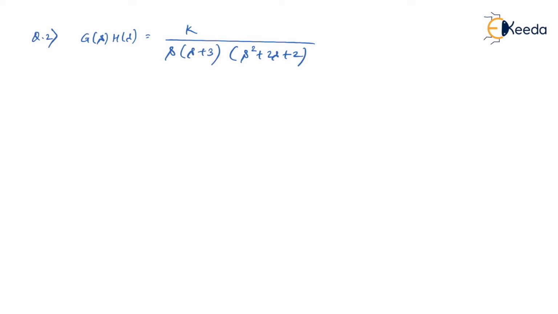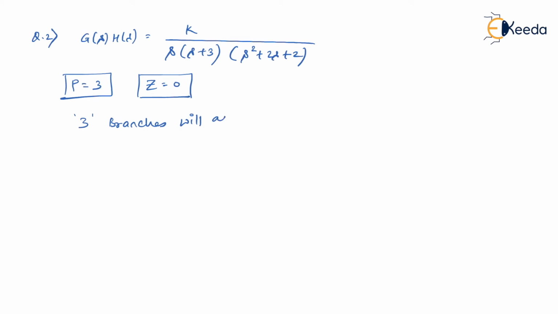Look at this problem. Count the number of poles, number of zeros. Once again, if you see, there are 3 poles, but there are no zeros. Again, P minus Z branches will approach to infinity. So this time, 3 branches of root locus will approach to infinity.